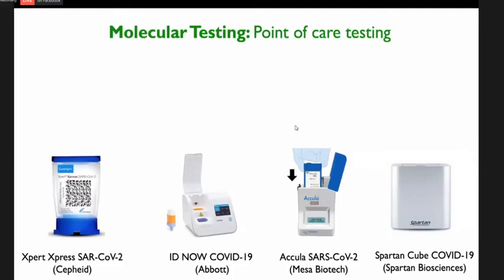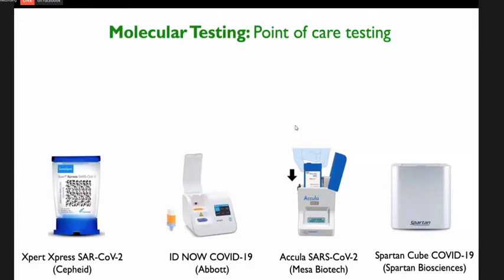Another aspect in the molecular testing is the point of care testing, or the rapid testing, which can actually revolutionize the COVID-19 testing. These are portable devices and can easily identify various nucleic acid targets within a few minutes to hours.